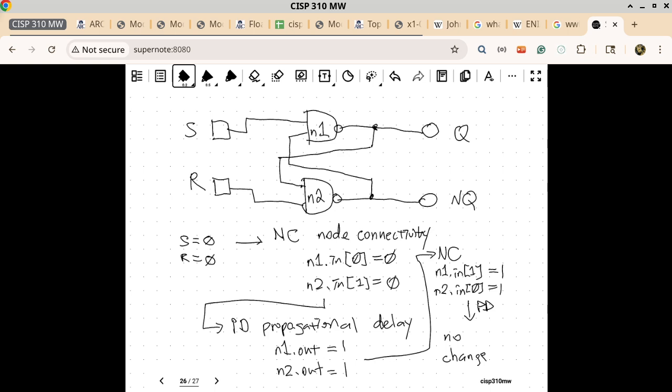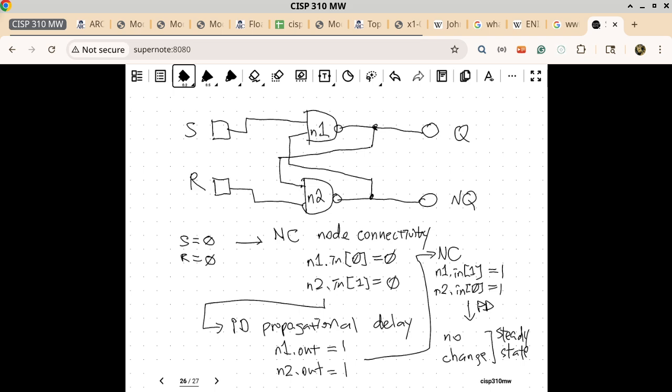So we have a no change situation, which is also known as a steady state. The circuit has stopped changing. From this point on, everything is static, with no change whatsoever in any way. Are we doing okay so far with the analysis up to this point? We good? All right.